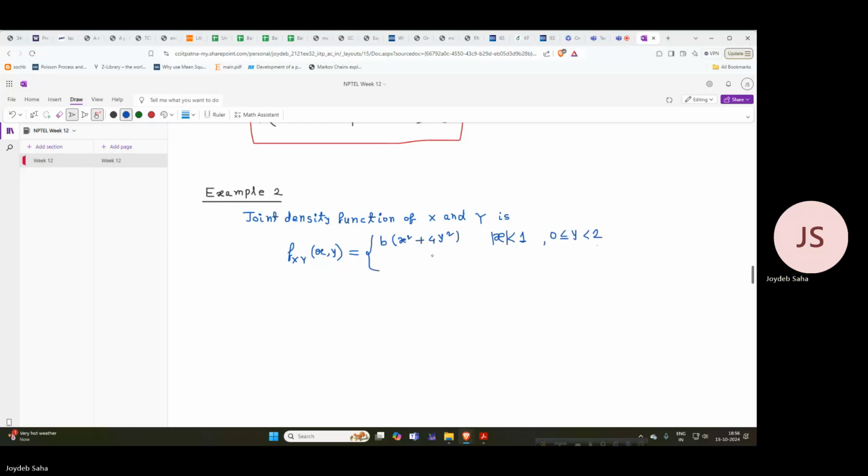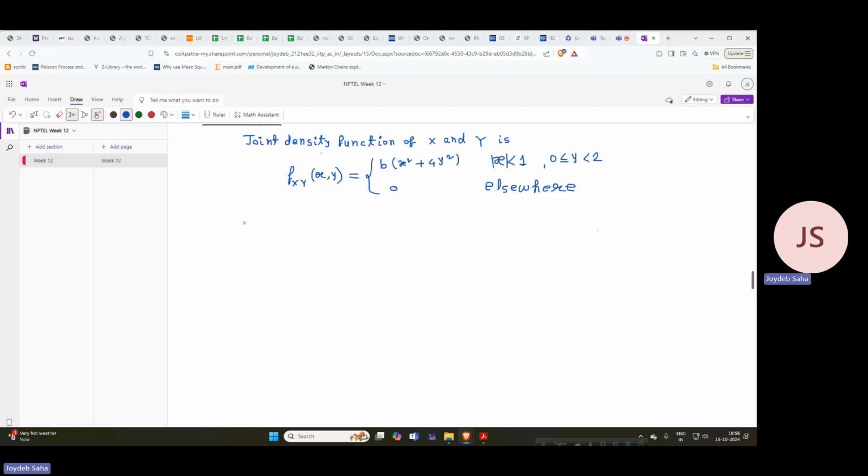Okay, and zero elsewhere. Find b. Find the value of b.